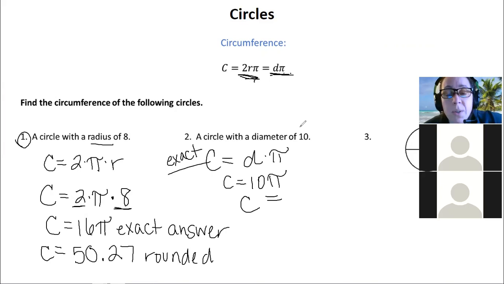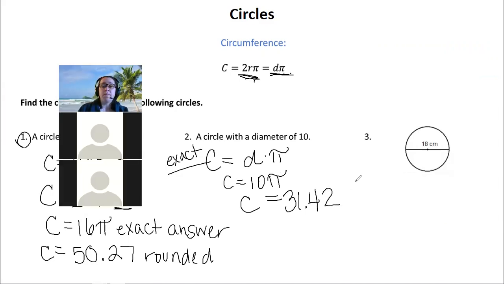This would be the rounded answer. Yeah, 31.4. Very good. Or if they want 2 decimal places, 31.42. Very, very good. All right, I think we'll skip that one. Go to the next one.